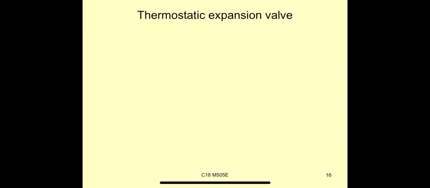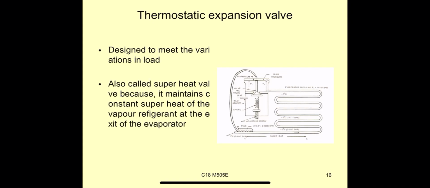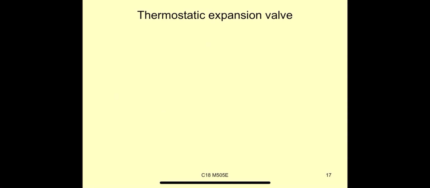The thermostatic expansion valve is designed to meet the variations in load. It is also called a superheat valve because it maintains the constant superheat of the vapor refrigerant at the exit of the evaporator.